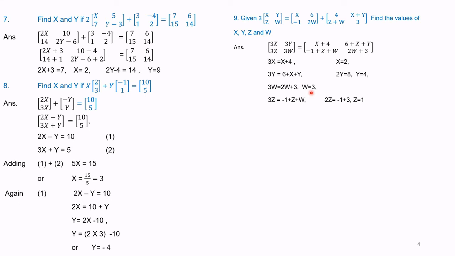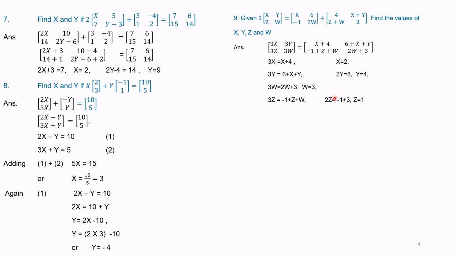For this, we will use the equation, that is the first element on the second row, 3z is equal to minus 1 plus z plus w. If we shift, 3z minus z, that is 2z is equal to minus 1 plus w.